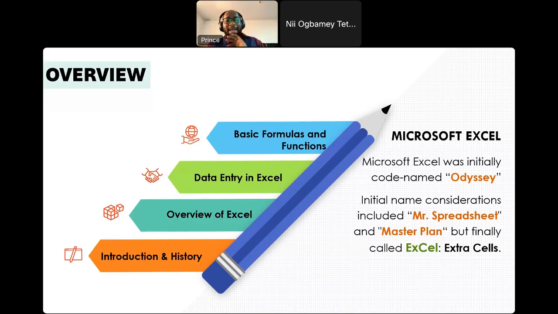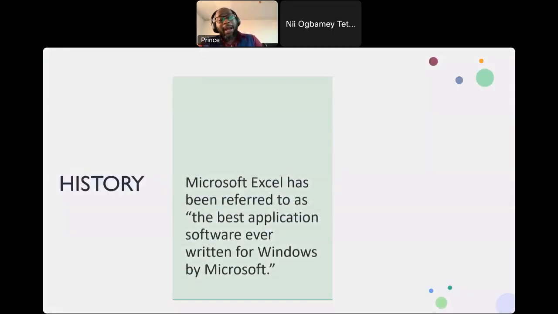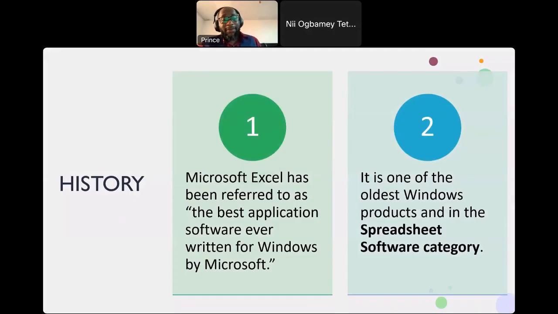So when you hear Excel, the key thing is it's giving you extra cells for your work. Excel is one of the oldest applications that Microsoft has developed, and it is still touted as one of the best Microsoft applications, and a very old one.